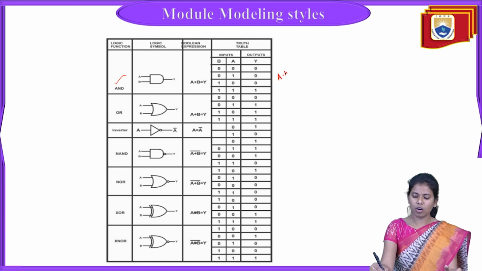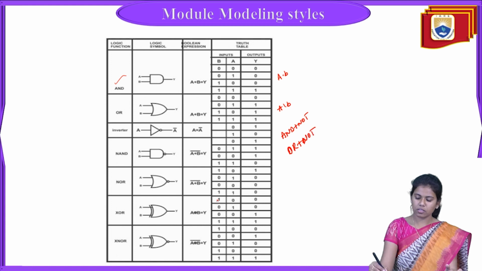So A dot B, A plus B, and the NAND gate is AND plus NOT, NOR is OR plus NOT, XOR.